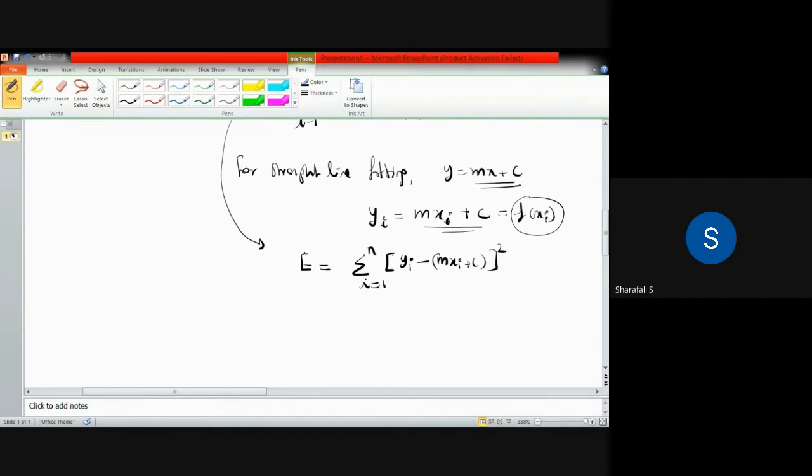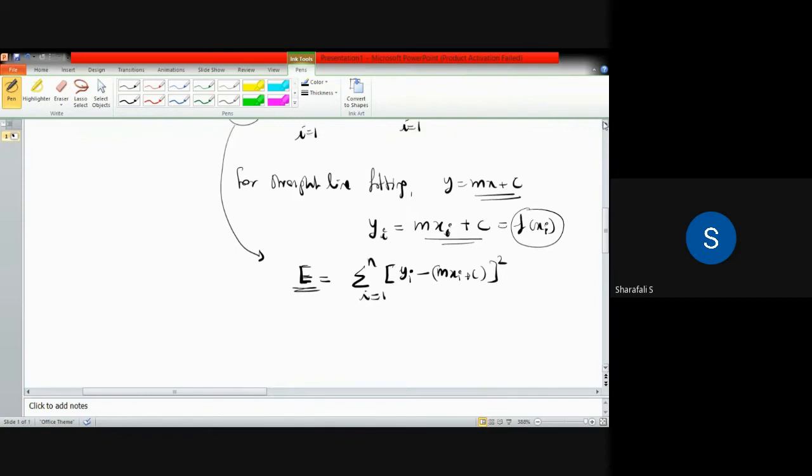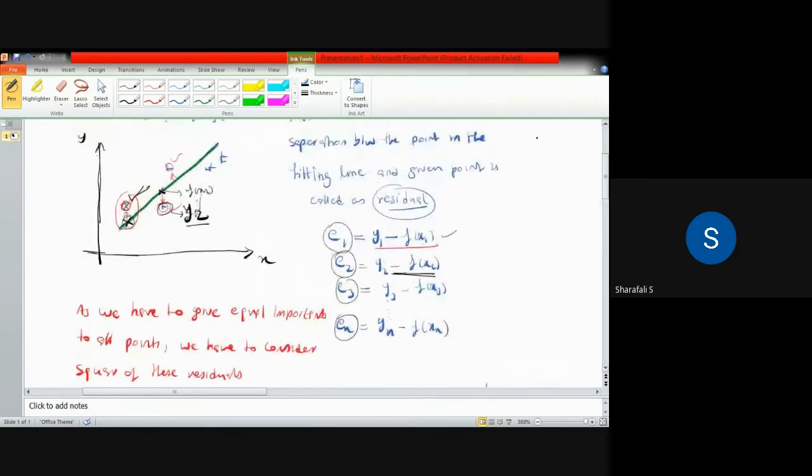And remember that these residuals, this term E, has to be minimum. Why does it have to be minimum? Because if you consider these two points, the separation between them has to be minimum. Similarly for these two, so then only we get that curve fitting.